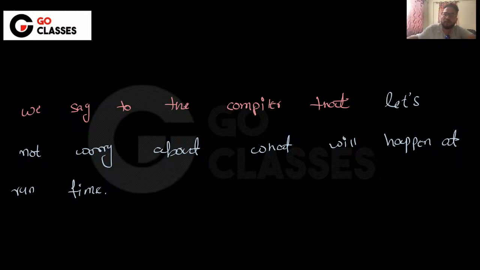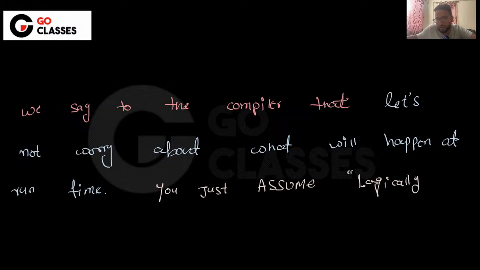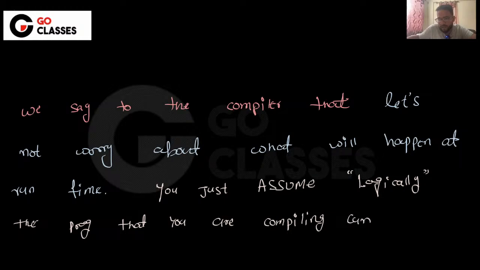Okay. So what we say to the compiler is that you do not need to worry about the runtime. You just be happy and enjoy your life, and you just assume, logically, that the program you are currently compiling will follow a structure.